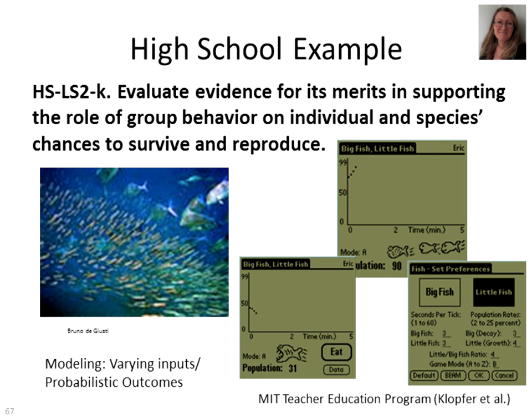So what might it look like in high school? So high school, here you're introducing the idea of modeling by varying the inputs, but you also have this concept of probabilistic outcomes. So it's not that there's a cause and an effect with a deterministic relationship: this makes that happen.